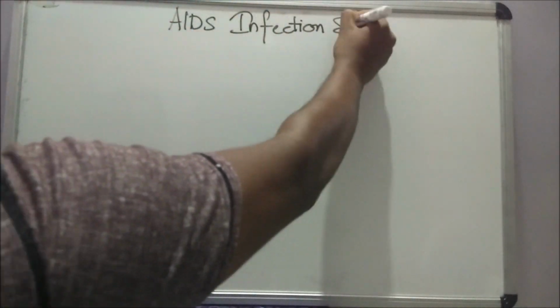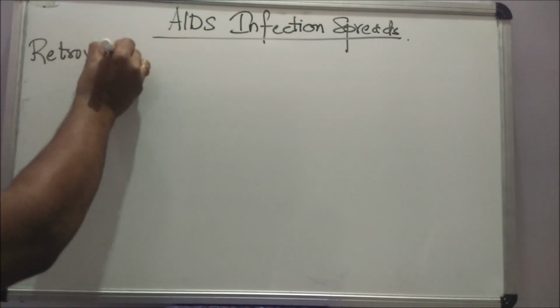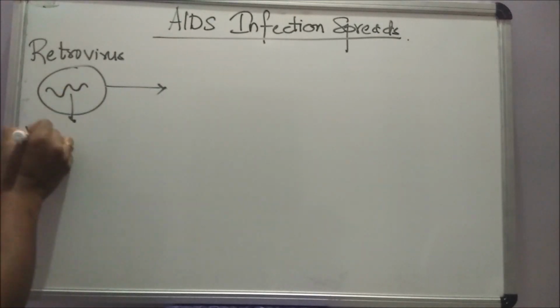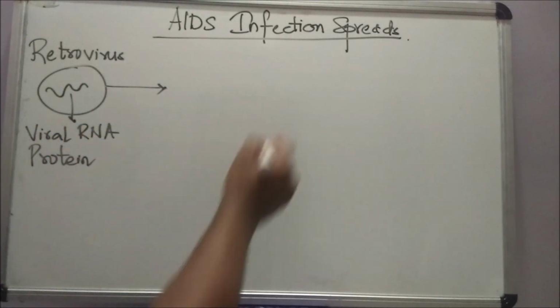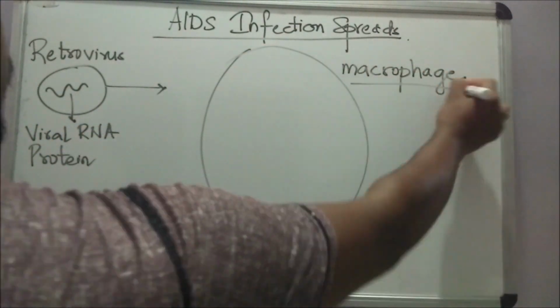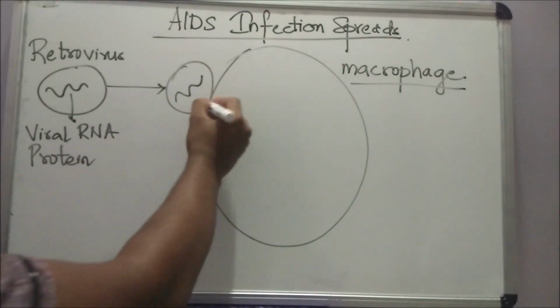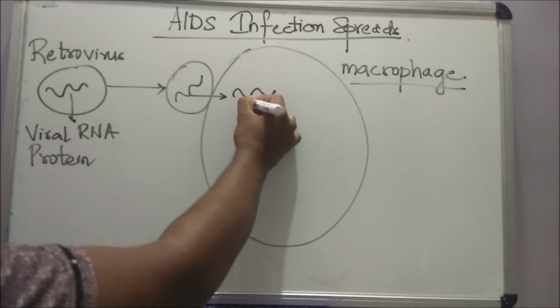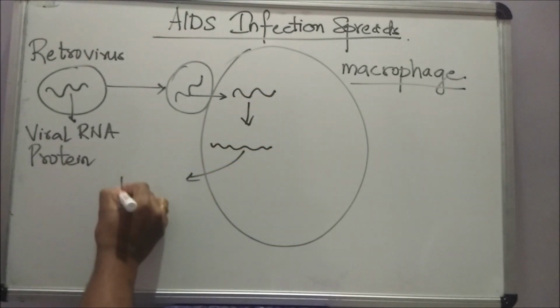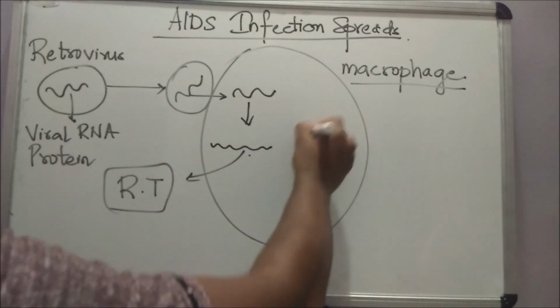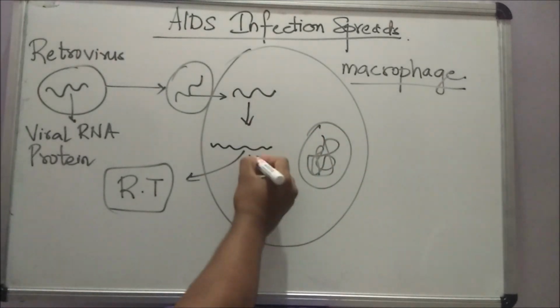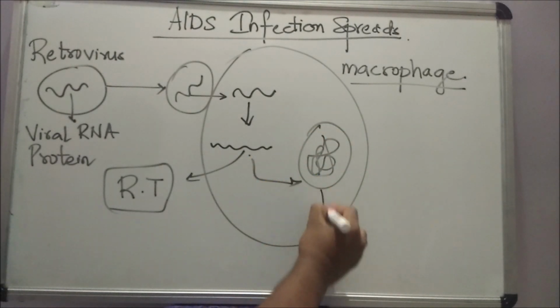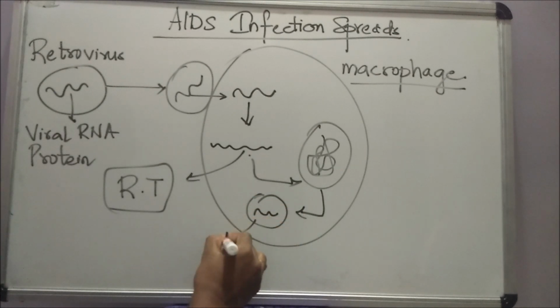How does AIDS infection spread? The retrovirus, which has a viral protein coat and RNA, enters the macrophages. Once the virus enters the macrophages, using the reverse transcriptase, a viral DNA is produced. This viral DNA incorporates into the host genome, which is nothing but the host DNA, and it starts producing new viral RNAs.